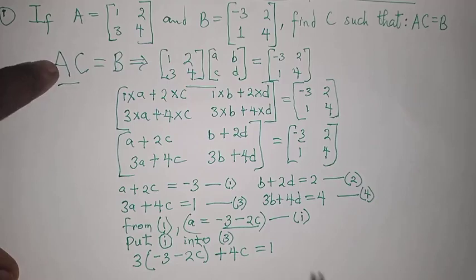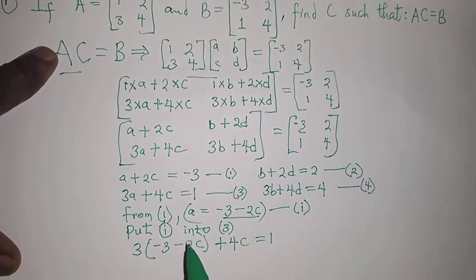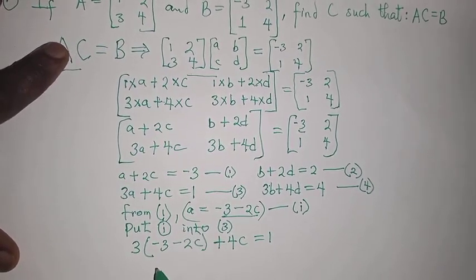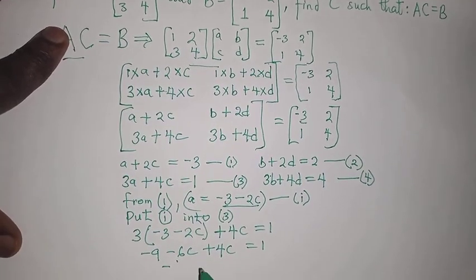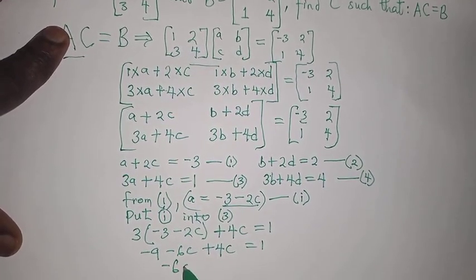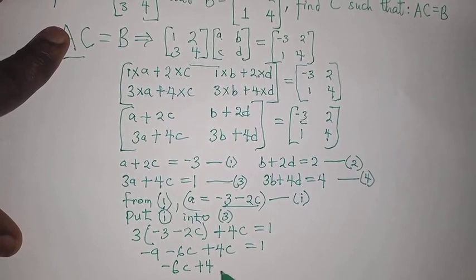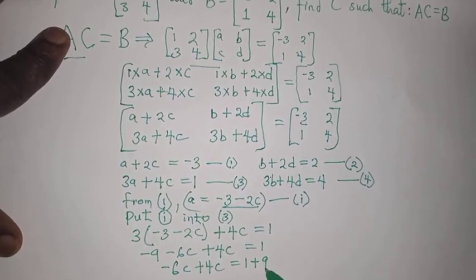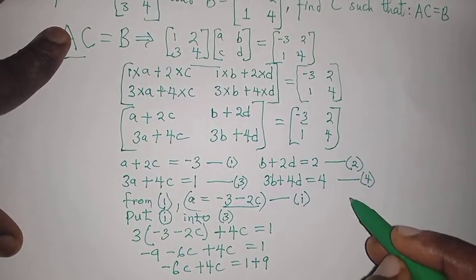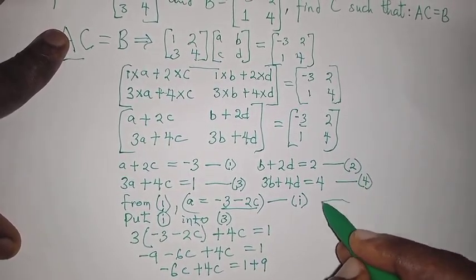So I'm going to multiply out. 3 times minus 3 is minus 9. So this is minus 9 minus 6C plus 4C equals 1. In collecting like terms, minus 6C plus 4C equals 1 plus 9.